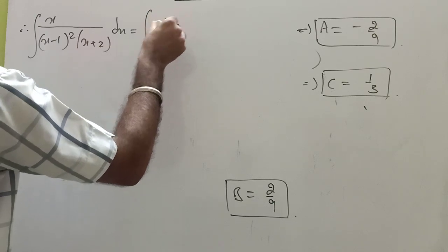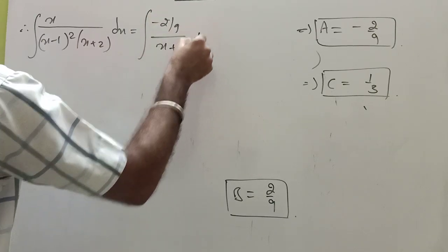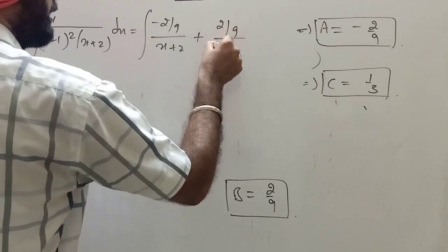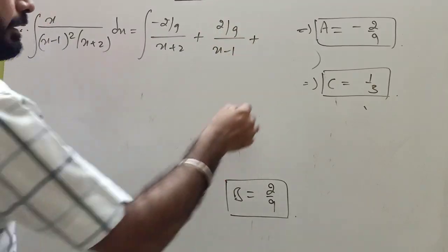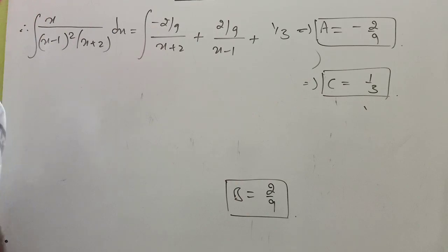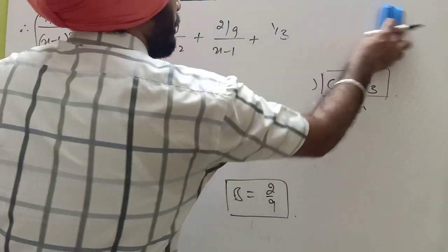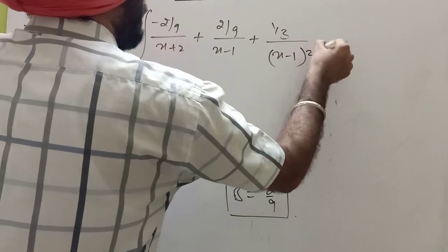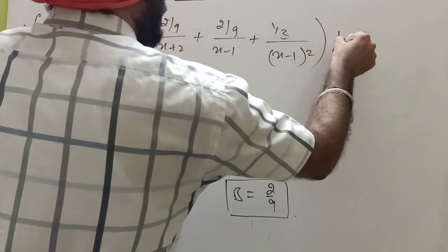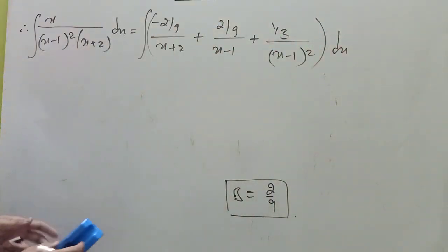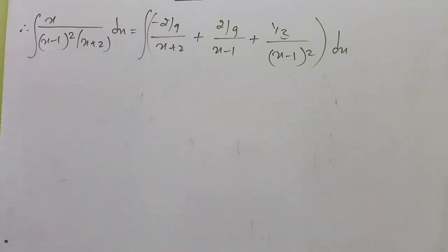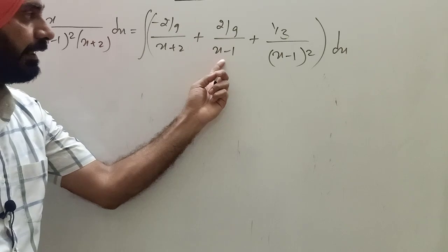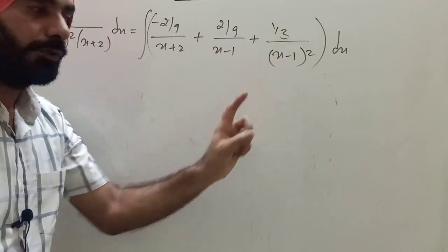Minus 2 by 9 over x plus 2, plus B, B is 2 by 9 over x minus 1, plus C, C is 1 by 3 over (x minus 1) whole square. This was our question. Now we have made the partial fractions. Now integrating. Note that its integral is log mod, again log mod, but this is not log mod.